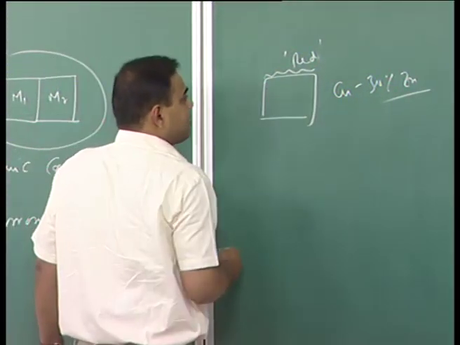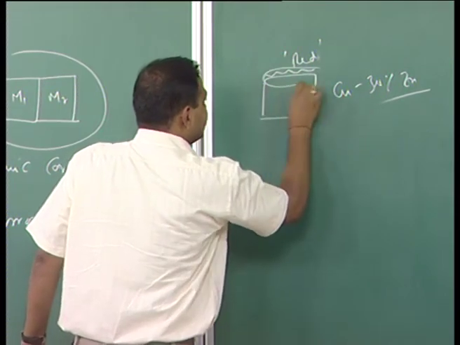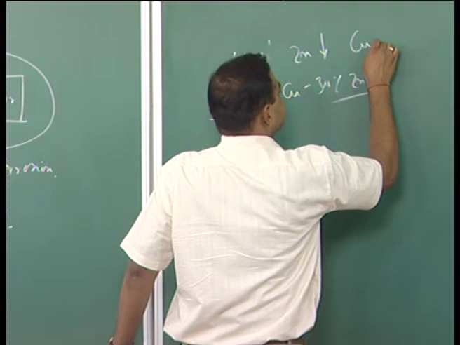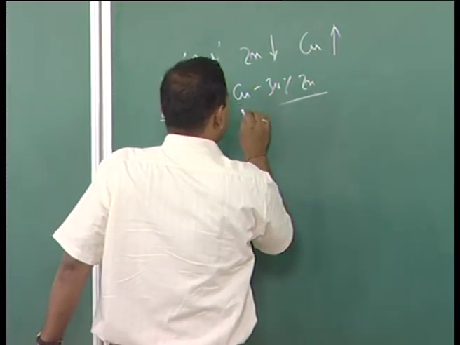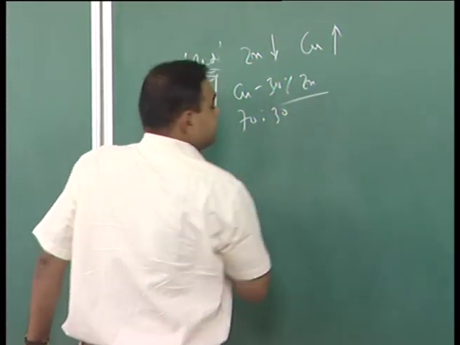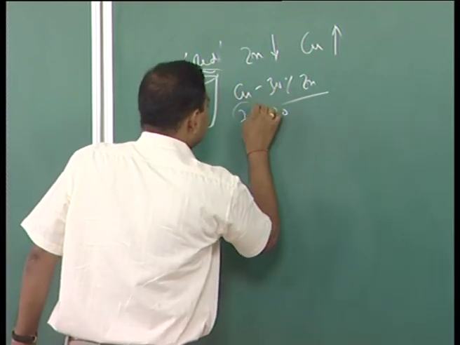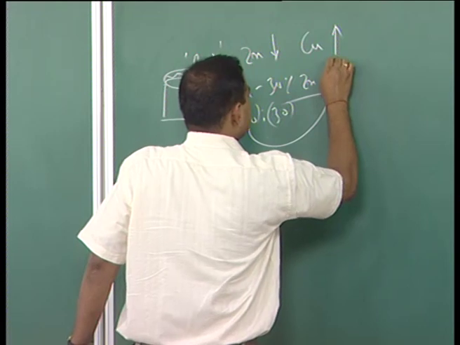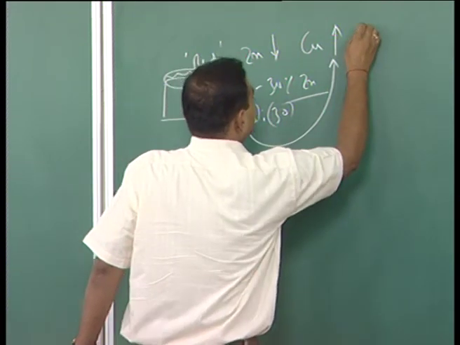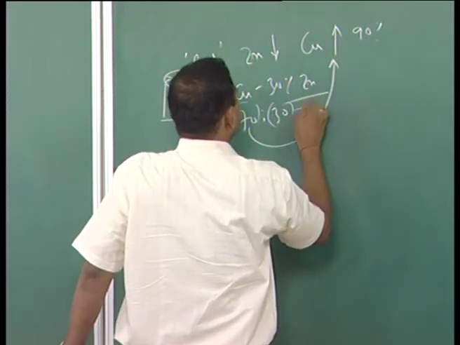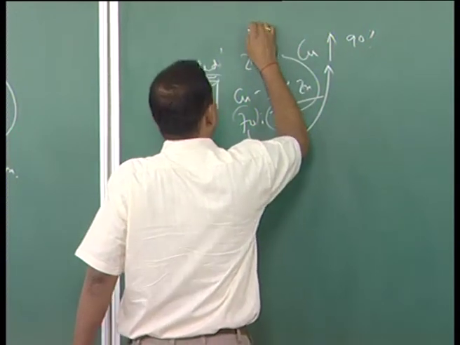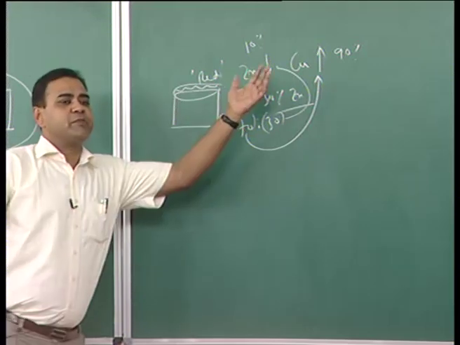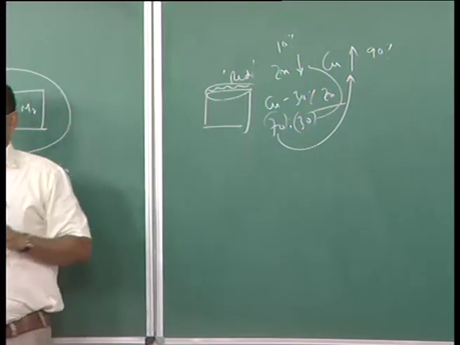If you observe carefully, in this region the zinc percentage goes down and the copper percentage goes up. Comparing with the 70:30 composition, that means 70% copper and 30% zinc, the copper can go from 70% to 90%, and the zinc can go from 30% down to 10%. So you see that zinc is coming out and copper is staying back.